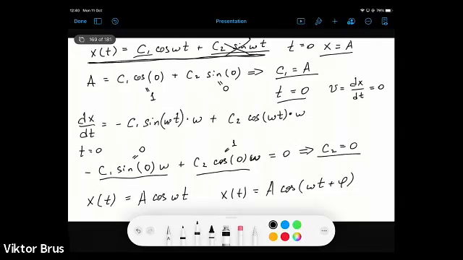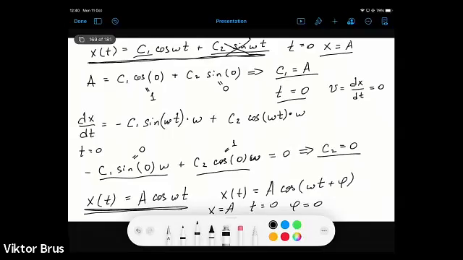If we have initial displacement equal to A at t equals 0, then this phase constant phi should be equal to 0, and we have just this equation which we got in our derivation.